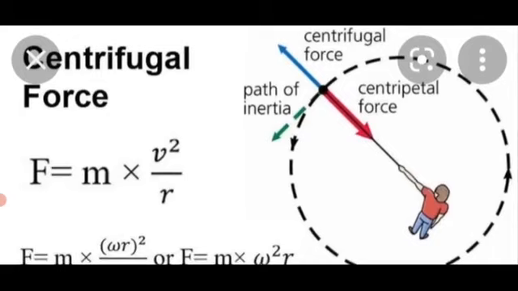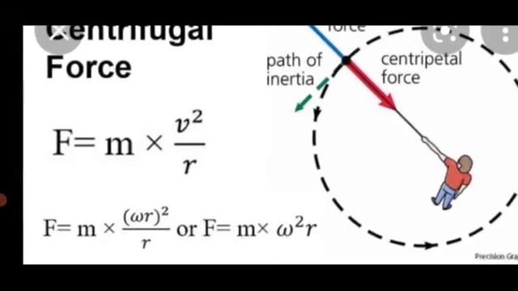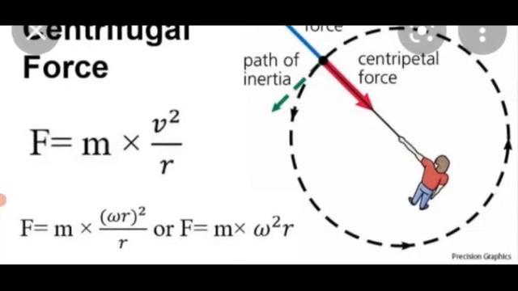When circular motion problems are solved from the rotating frame of reference, while drawing the free body diagram of a particle, the centrifugal force should necessarily be included. So see the force here. F is equal to m v square by r, that is F is equal to m omega square r.